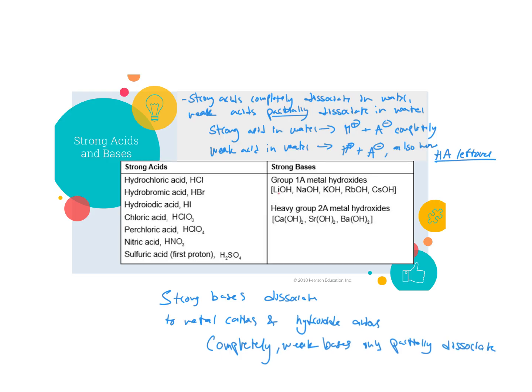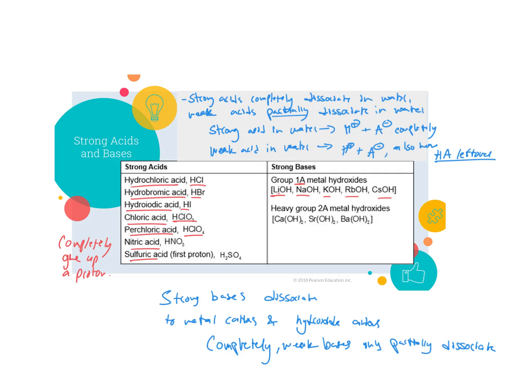If we look at our list of strong acids on the left, we have hydrochloric acid, hydrobromic acid, and hydroiodic acid: HCl, HBr, and HI. We have chloric and perchloric acid, HClO3 and HClO4, nitric acid, and sulfuric acid. These will completely give up a proton. On the right are strong bases. We have two groups. We have the group 1A metal hydroxides: lithium, sodium, potassium, rubidium, and cesium hydroxide.